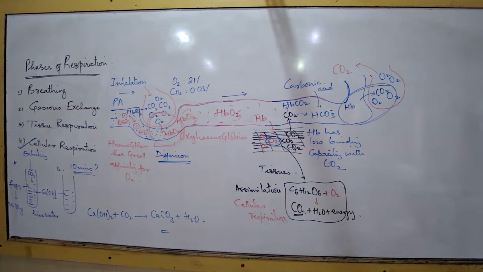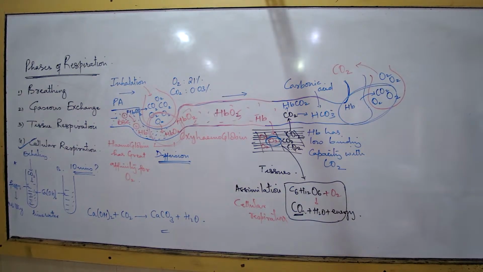What is the type of nutrition found in green plants? What is the process of nutrition in green plants? The question is, name the process and explain the type of nutrition. 9A.